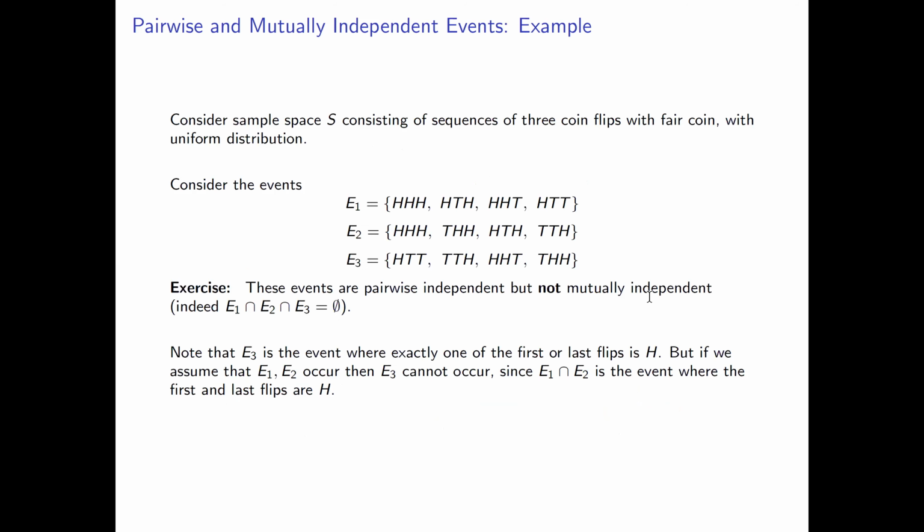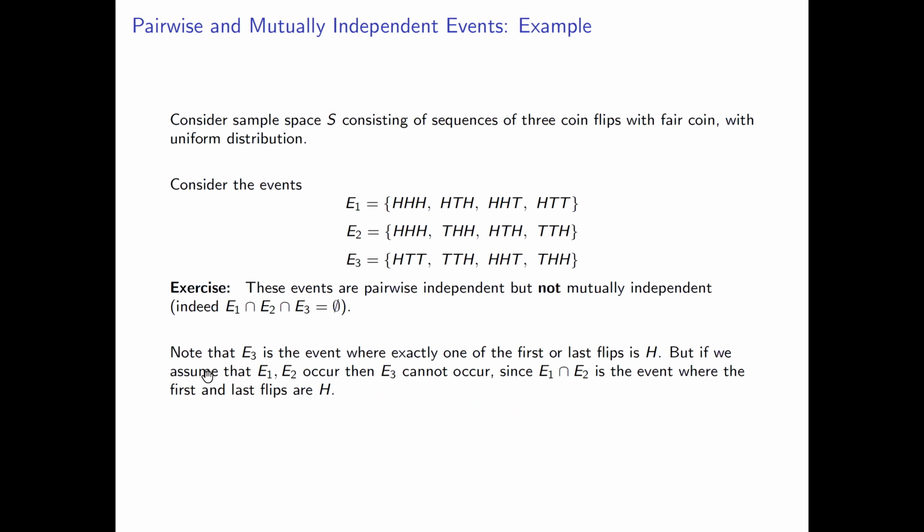So intuitively, what's the idea behind what's going on here? Well, as I said before, E3 is the event where exactly one of the first or third flips is heads, but not both. However, let's assume that E1 and E2 occur. The intersection of E1 and E2 is exactly the event where both the first and the last flips are heads. So assuming that occurs, that means that E3 can't occur.